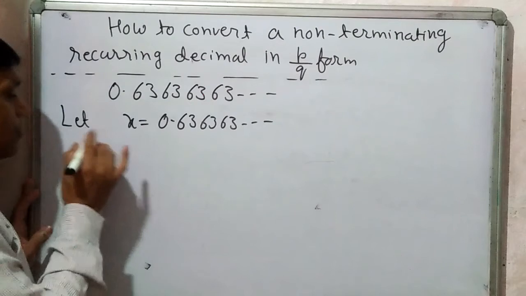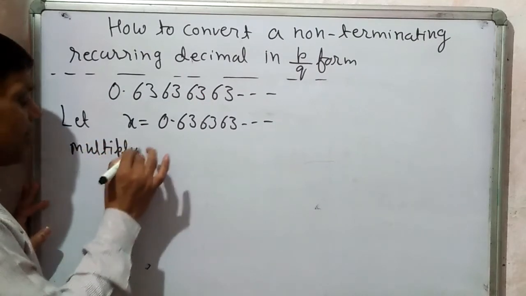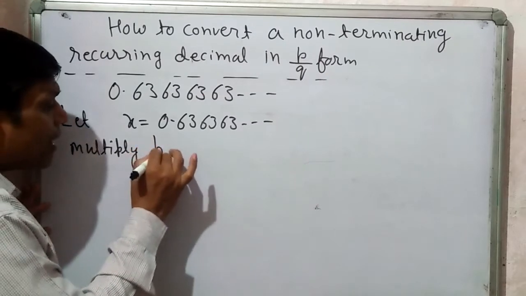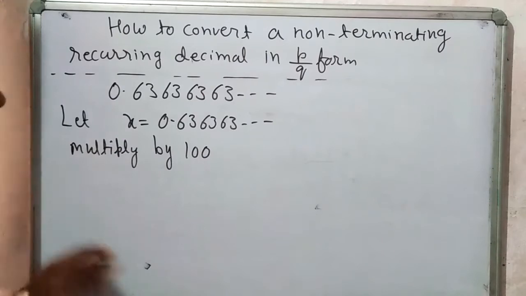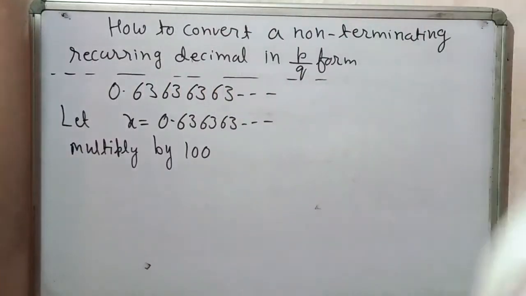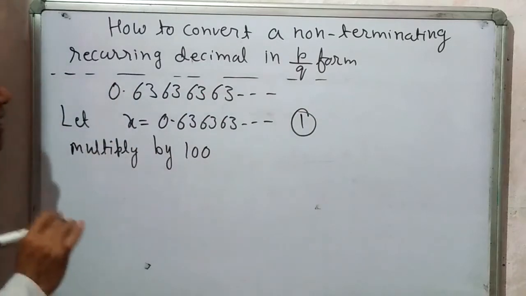This time we will not multiply by 10, but by 100. Why are we multiplying by 100? Because two digits are being repeated. So we want both these digits before the decimal. So we multiply equation 1 by 100.